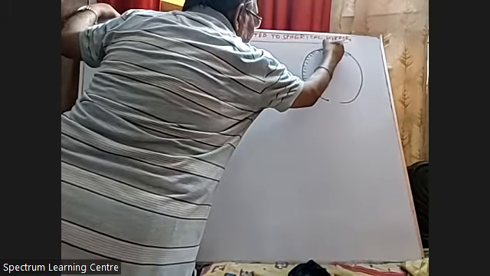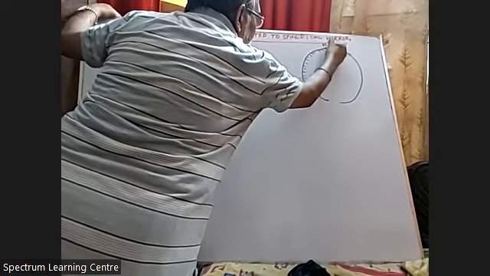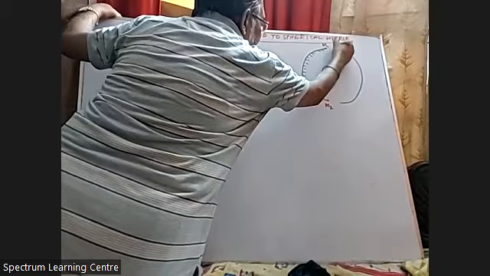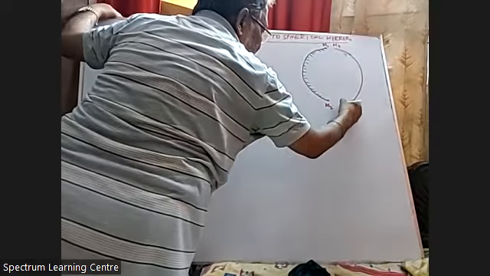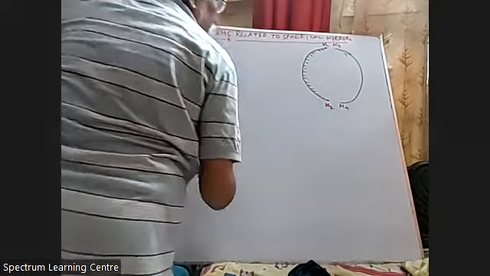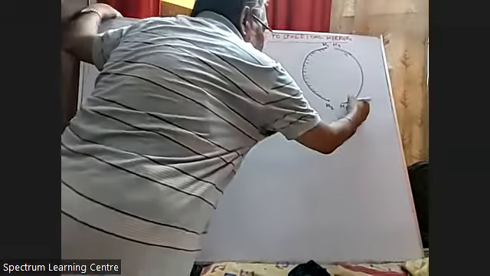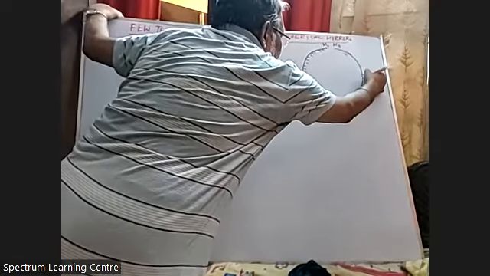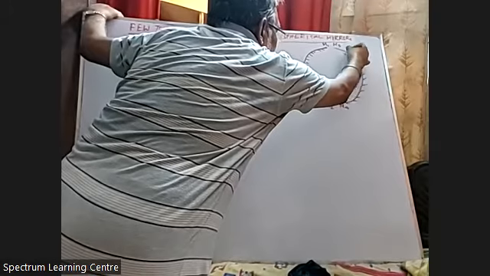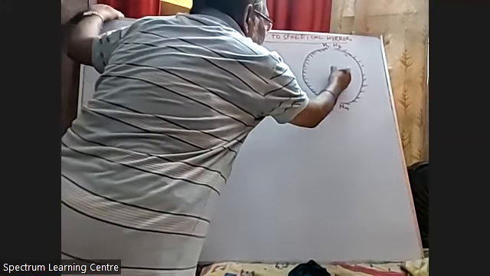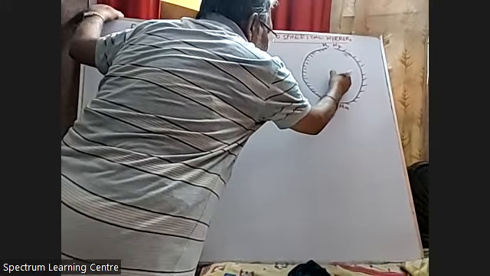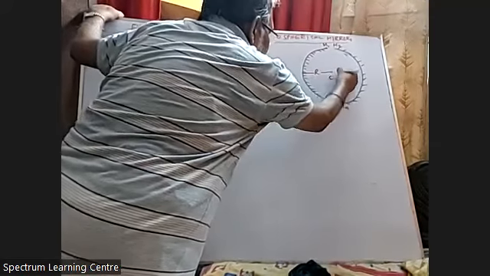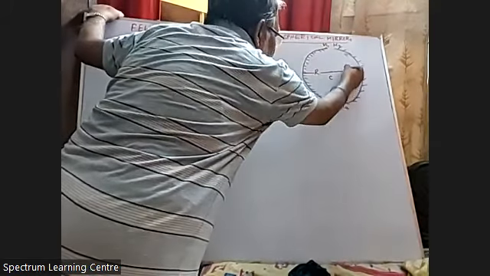Now we will name this mirror as M1, M2. And this mirror is M3, M4, and this is silvered outside. This is the center of the sphere. This is the radius of the sphere. Therefore, this is also the radius of the sphere.